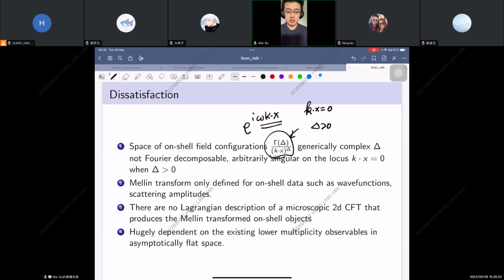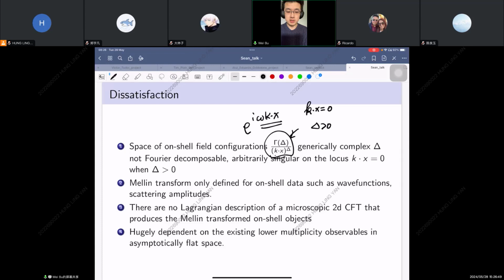And then two: the Mellin transform, or these ways to define the dual conformal field theory, if you like, there is one, are defined only for on-shell data, such as wave functions, scattering amplitudes, and so on and so forth. So it's never been defined for off-shell data.